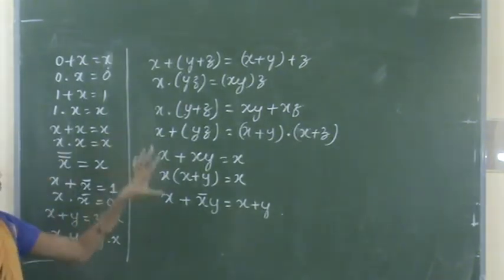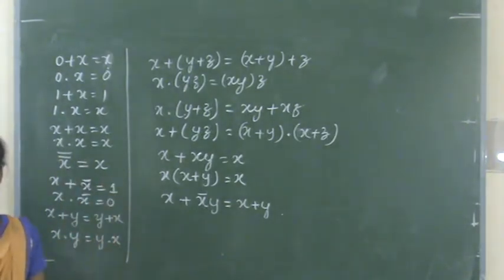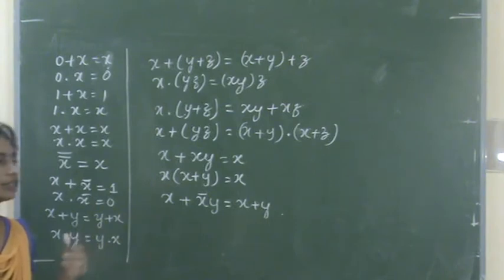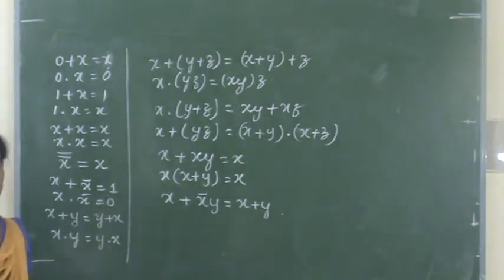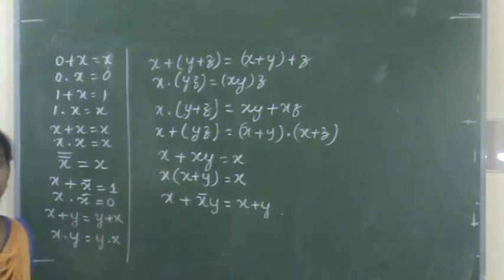These laws will be very important. If you know these laws, you can easily solve or prove Boolean expressions. Next we have solving Boolean expressions. We can solve a Boolean expression by different methods. One is by using these properties, which we call the algebraic method.